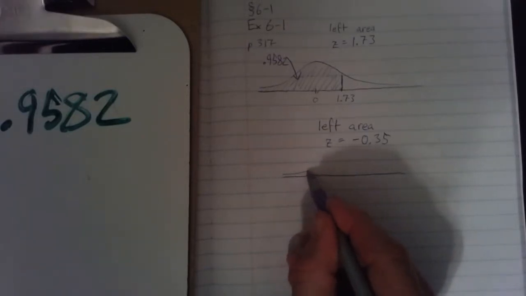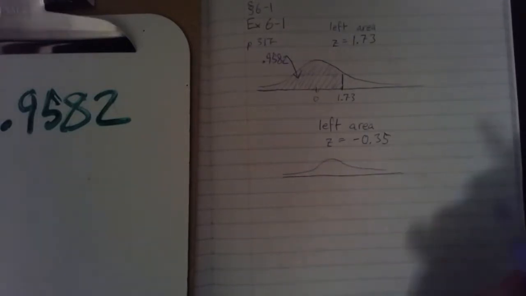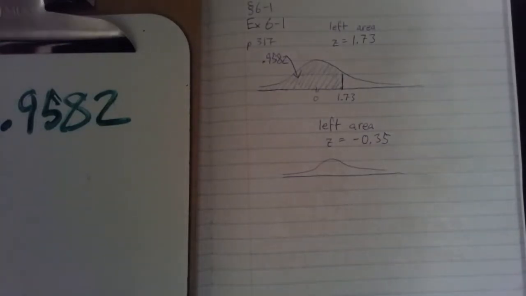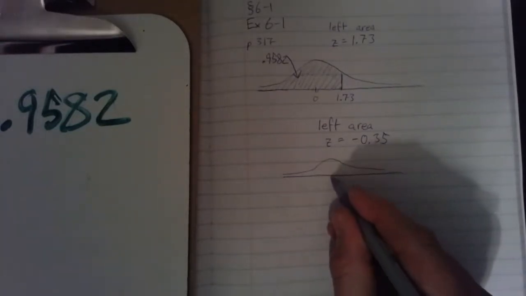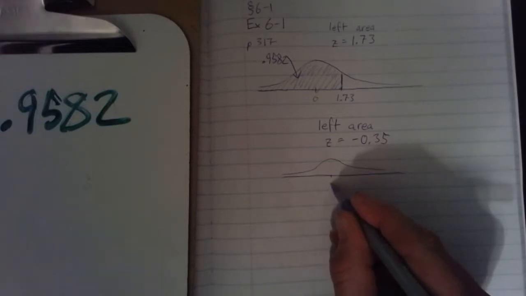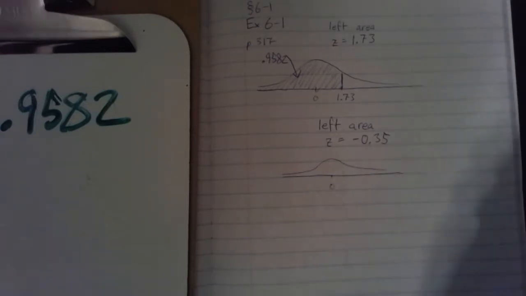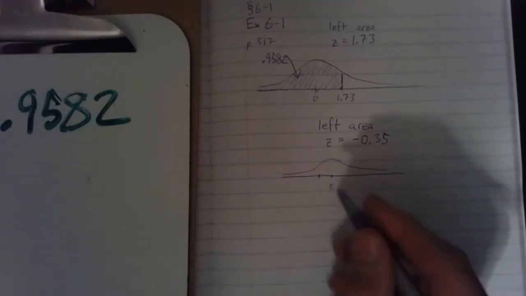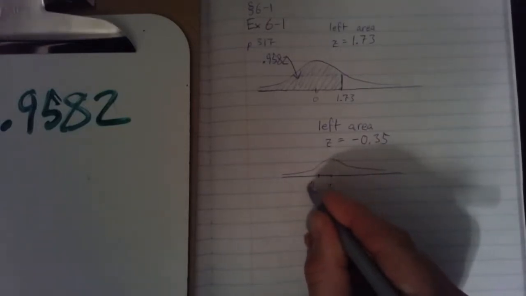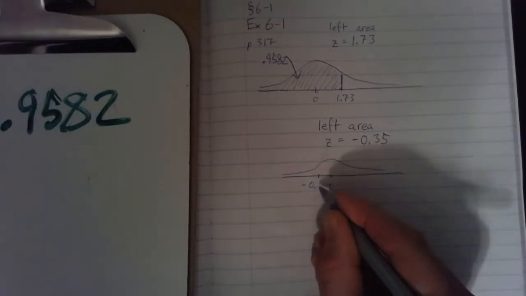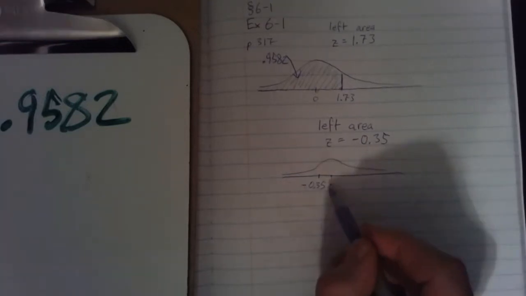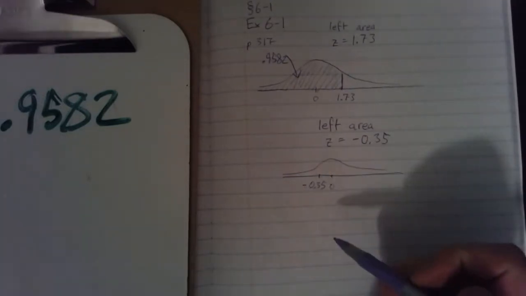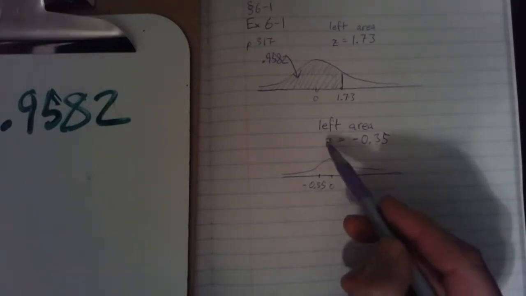So we'll say, here's my distribution curve. All right, fine. It's not a great sketch, but we'll live with it. All right, so there's 0 in the middle. Don't necessarily have to show anything for that. Where's negative 0.35? I have no idea. I forgot my measurement device, but I know it's to the left of 0, so I'll just write it there. Okay, and now I want a left area.